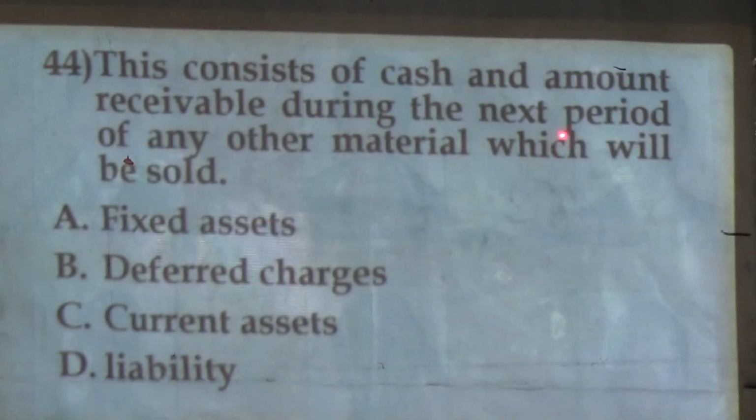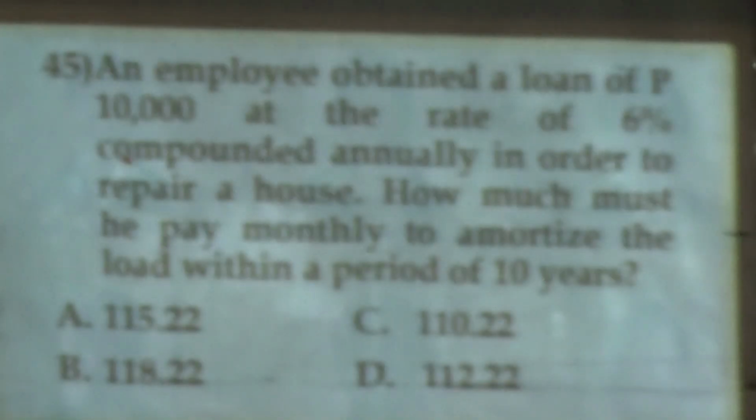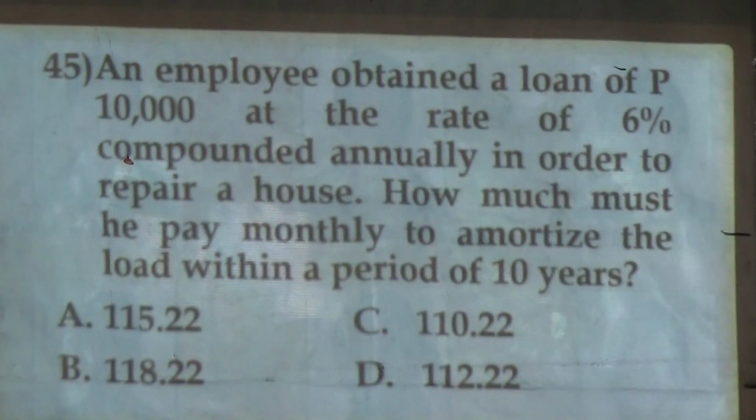This consists of cash and amount receivable during the next period of any other material which will be sold. Nare-receive pa yan. Anong tawag yan? Okay? Answer, current assets. Okay, 45. Now let's solve economics.